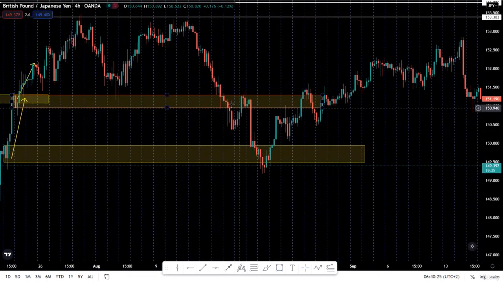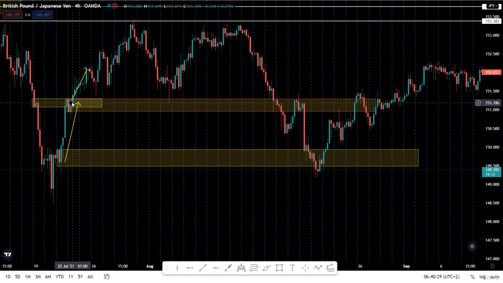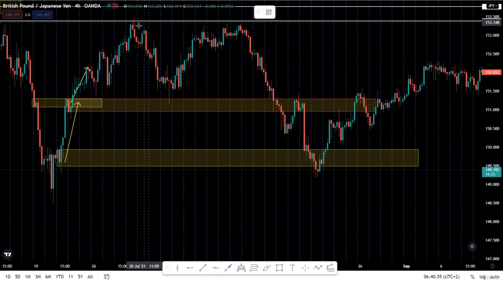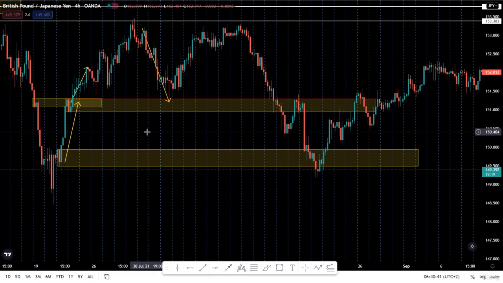So the market came and failed to just break because of this past bullish order block. So what happened is that again, when the market came from there to this level, it rejected, not because of a support or whatever.